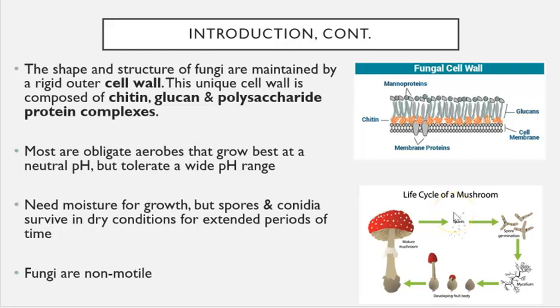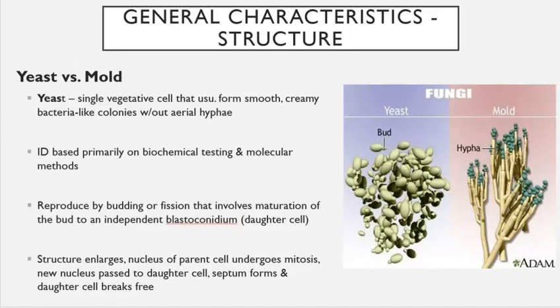Fungi are non-motile. Before we get into the differences of yeast and mold, I just want to point out these little small balls on the end of this hyphae are examples of conidia. Yeast is usually a single vegetative cell that usually forms smooth, creamy, bacteria-like colonies without aerial hyphae.